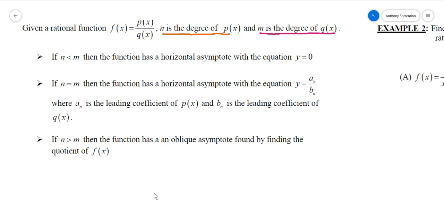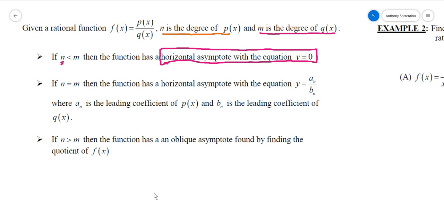If the degree for the numerator is smaller than the degree for the denominator, then we have a horizontal asymptote at y equals 0. So there's really no decision making there. Once I find my highest powers of x on top and bottom, if the highest power of x on top is smaller than the highest power of x on bottom, y equals 0 is the horizontal asymptote. All said and done.